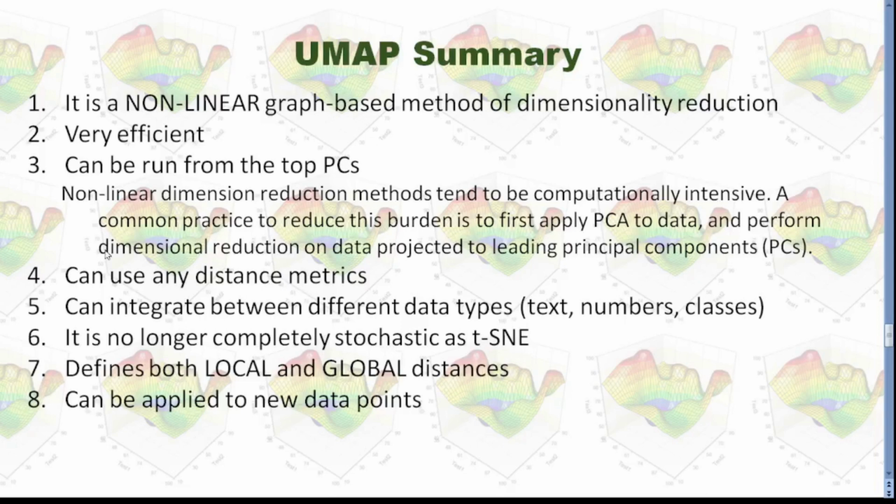There is a problem with nonlinear dimension reduction methods because they tend to be computationally intensive. A common practice to reduce this burden is to first apply PCA to data and perform dimensional reduction on data projected to leading principal components. So UMAP can be run from the top principal components.